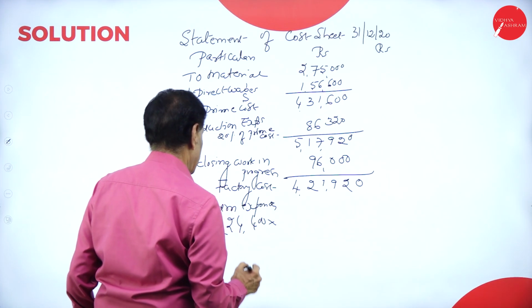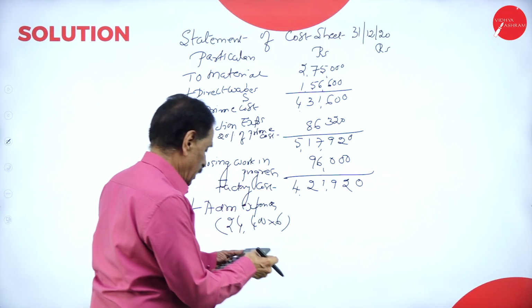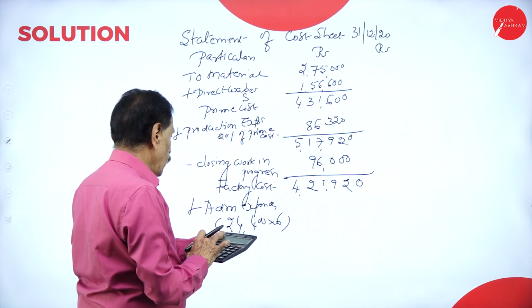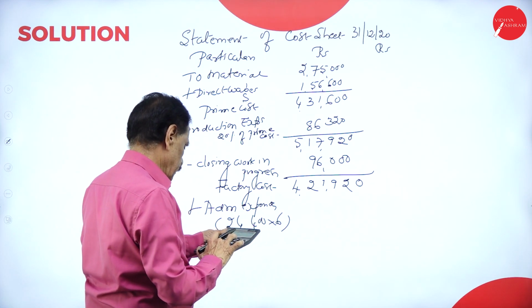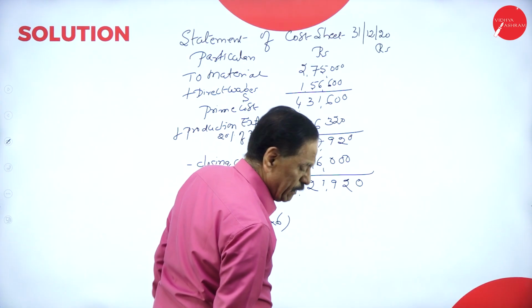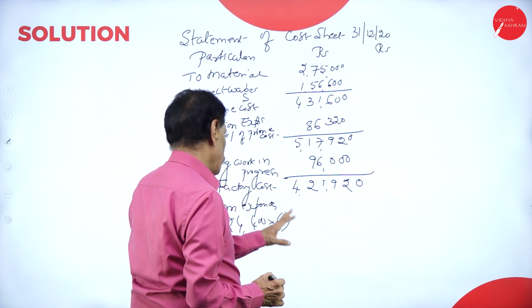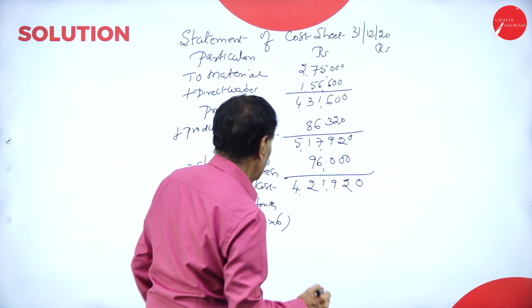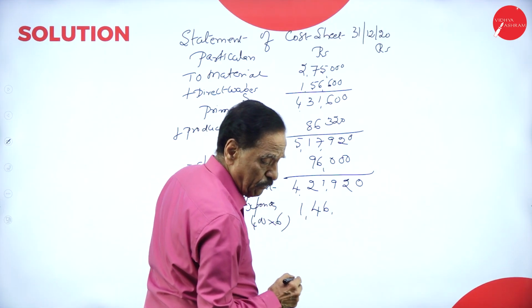At rupees 6. 24,400 into 6 is 1,46,400. 6 fours are 24, 6 twos are 12 plus 2, 14. 1,46,400.